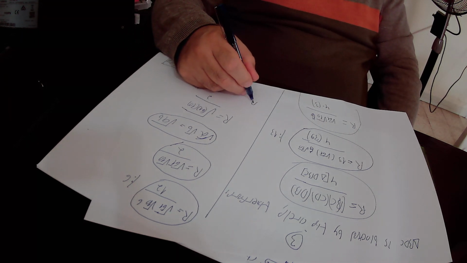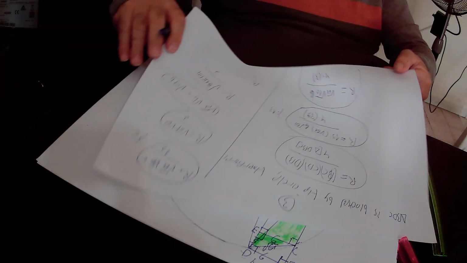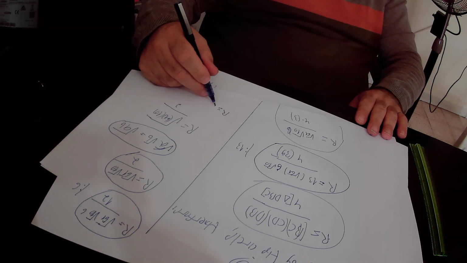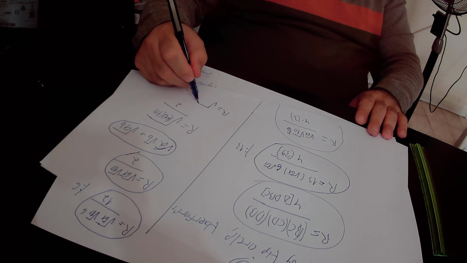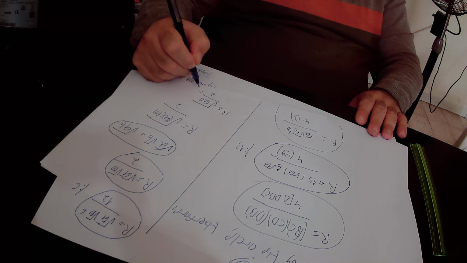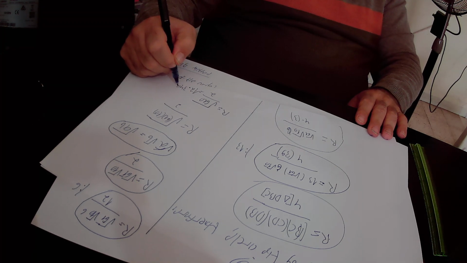So the radius of this circle, capital R, equals either the square root of 610 over 2 units, or in terms of numbers, it is equal to 12.349 units.